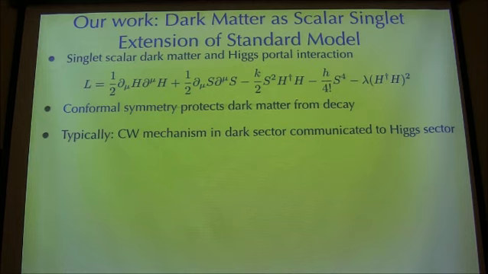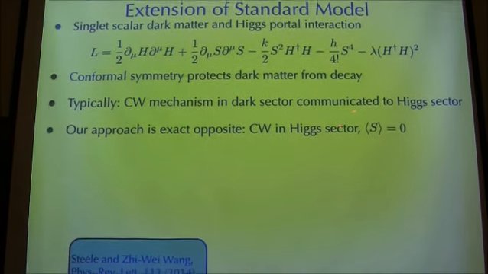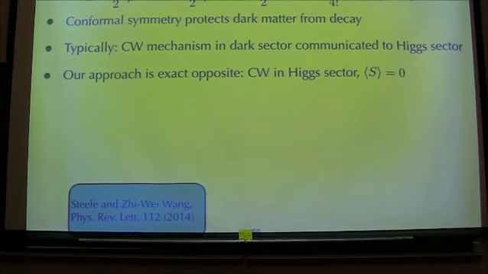Now, these models have been studied a lot. Typically what people do is use this Coleman-Weinberg mechanism in the dark sector and then communicate that symmetry breaking to the Higgs sector. We did exactly the opposite. We looked at Coleman-Weinberg in the Higgs sector and keep the symmetry unbroken in the dark sector.